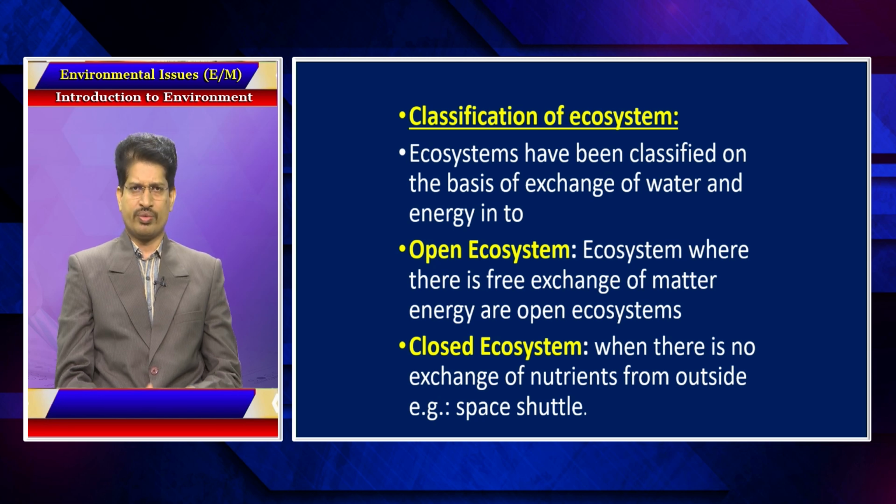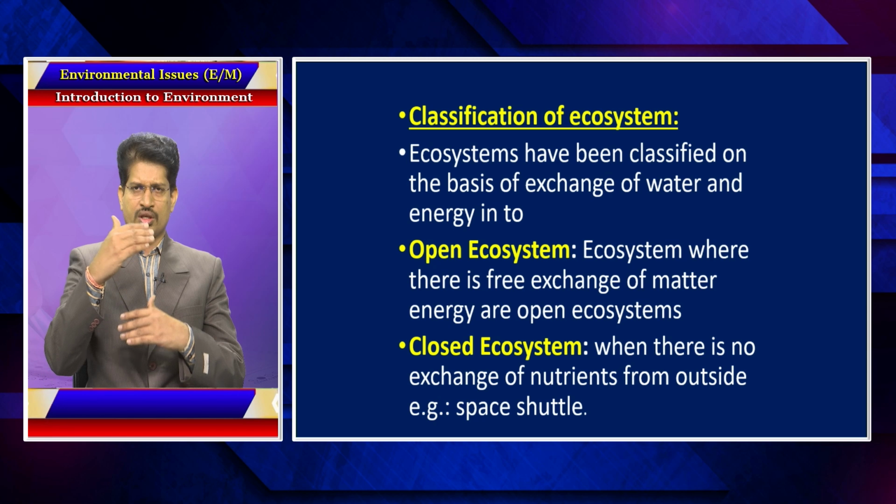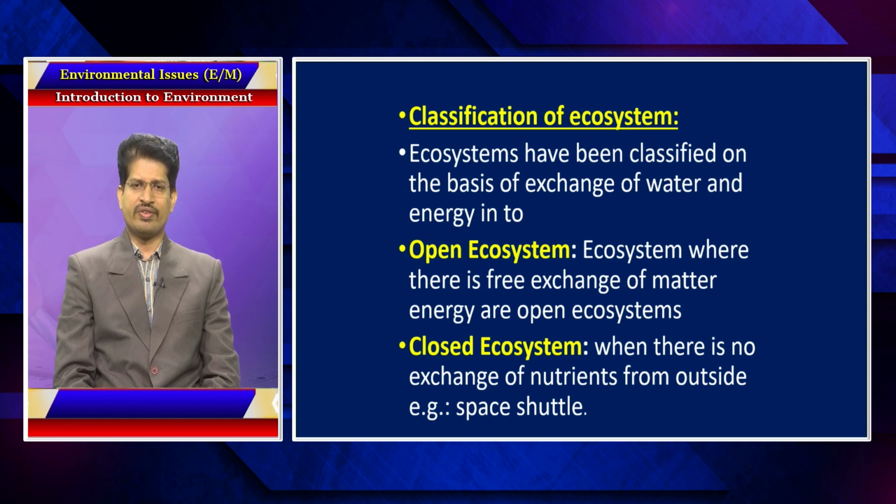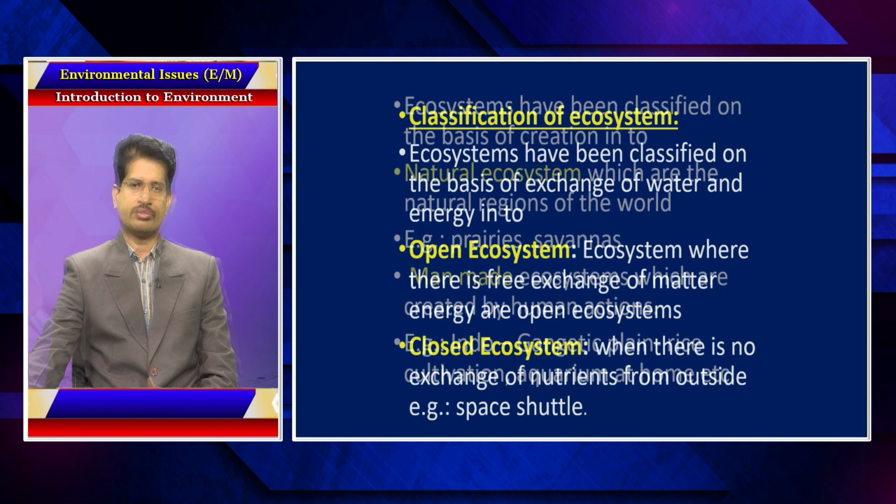In an open ecosystem, there is a free exchange of matter and energy with the outside of the ecosystem, whereas in a closed ecosystem, there is no exchange of nutrients from outside. A space shuttle can be considered as an example of a closed ecosystem, which is man-made.